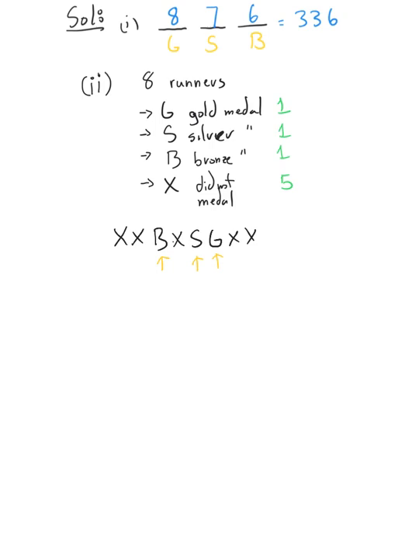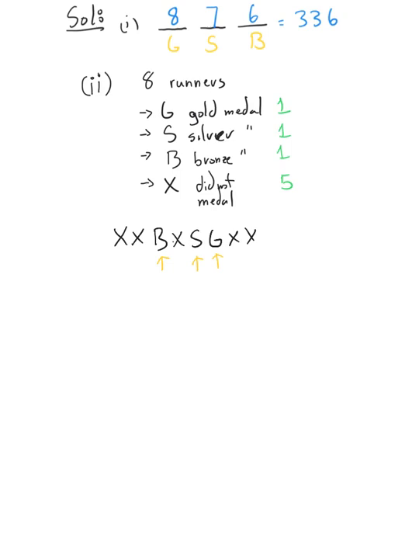So that's what this arrangement of the letters 1 G, 1 S, 1 B, and 5 X's tells me. And any arrangement of these 8 letters gives me a new order of finishing for the gold, silver, and bronze.